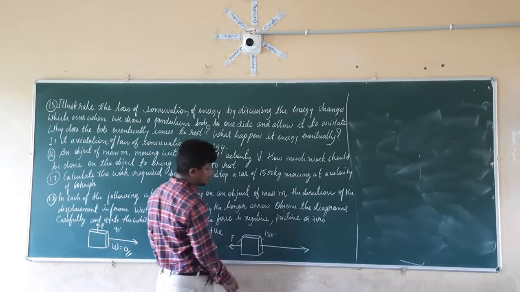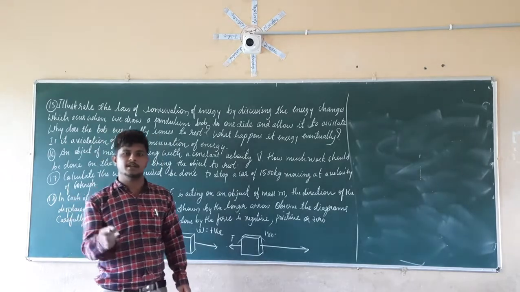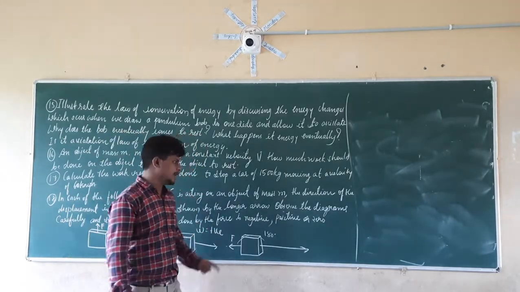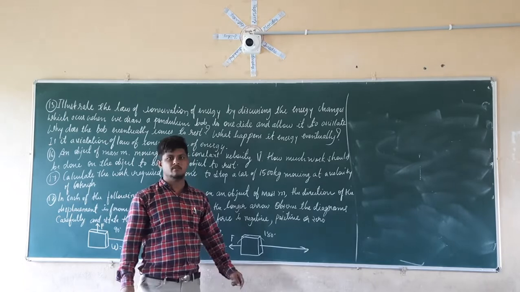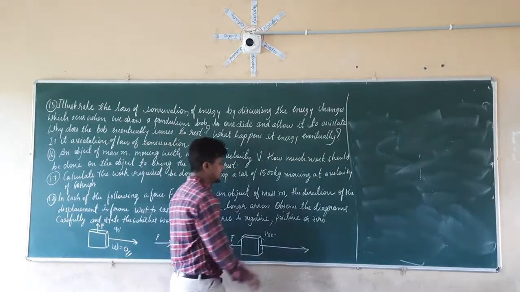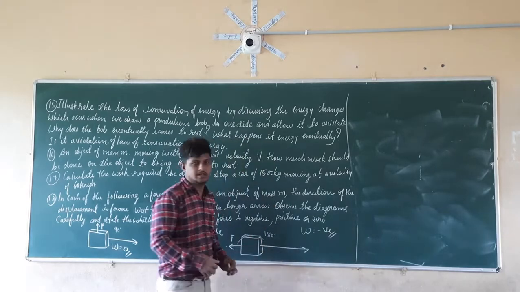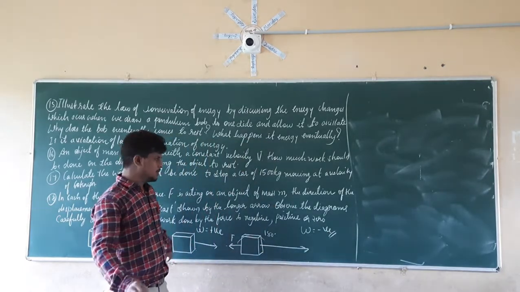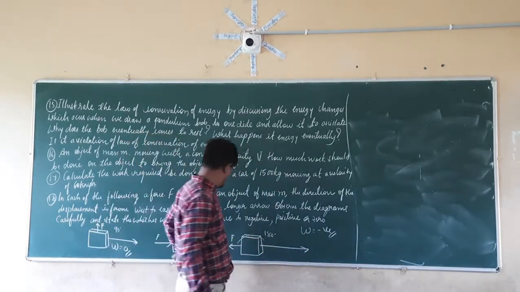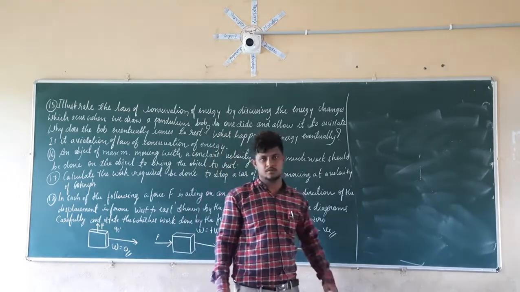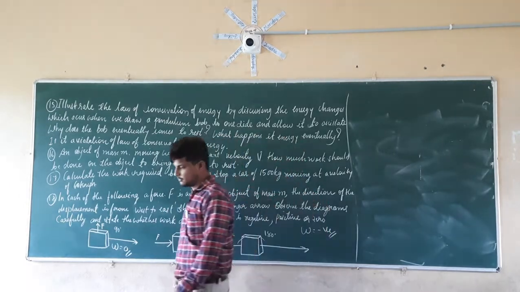If both the force and the displacement are in the opposite direction, then the work done will be negative. So 0, positive, and negative. So this is about question number 18.